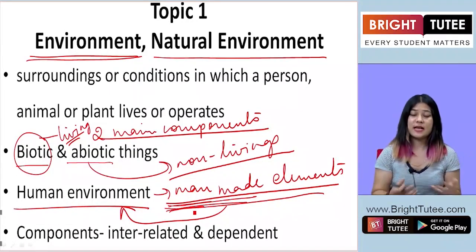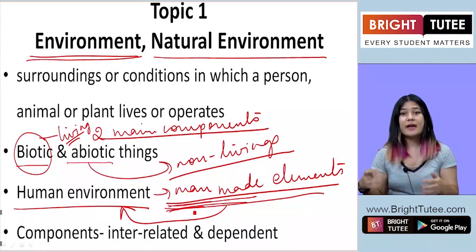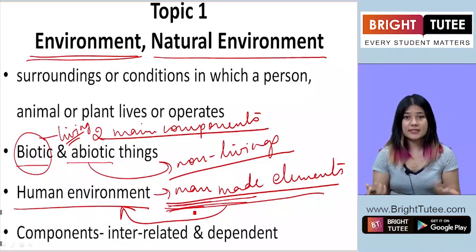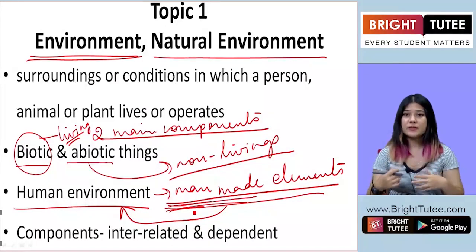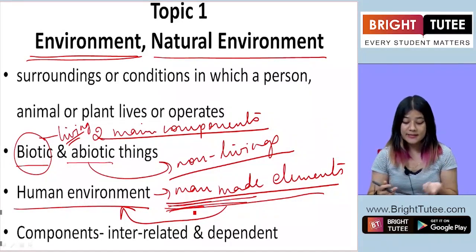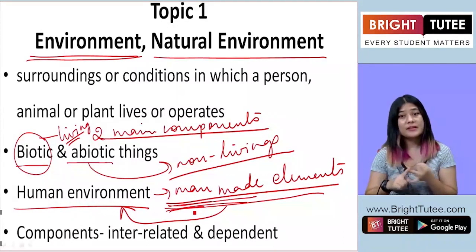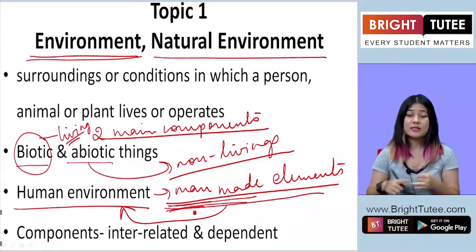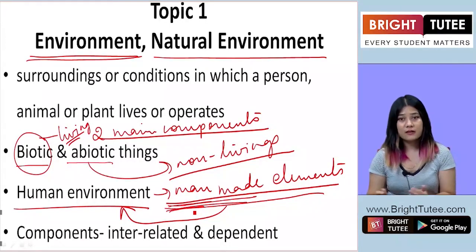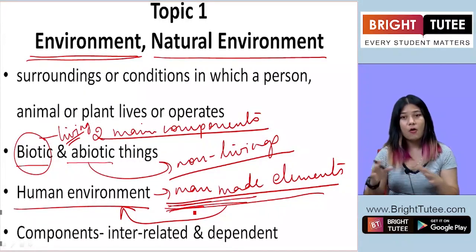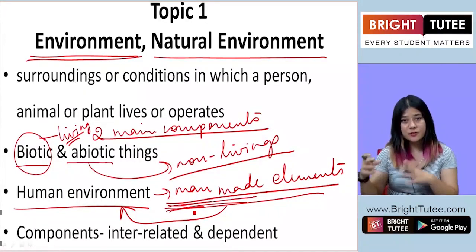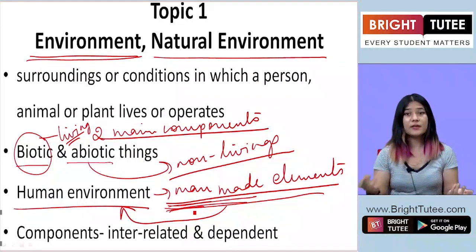Like forests exist naturally. Air is a natural thing. Water is a natural thing. Human beings do not have to make them, right? But houses are made by human beings. Buildings are made by human beings. Roads are constructed by human beings. So all these are man-made elements which go on to form the human environment.